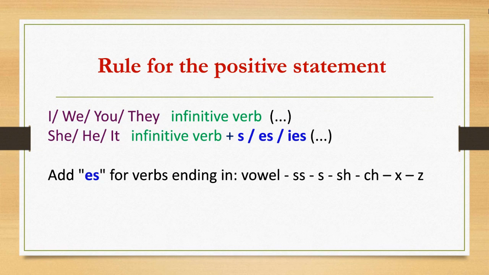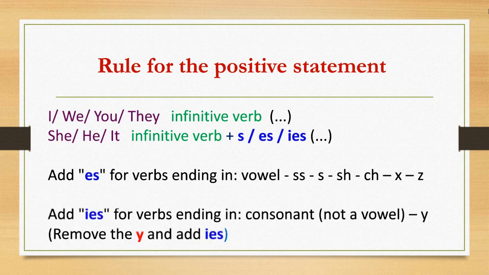So with these endings, we add ES. And we add IES for verbs ending in a consonant, not a vowel, followed by a Y. In this case, we remove the Y and add IES.